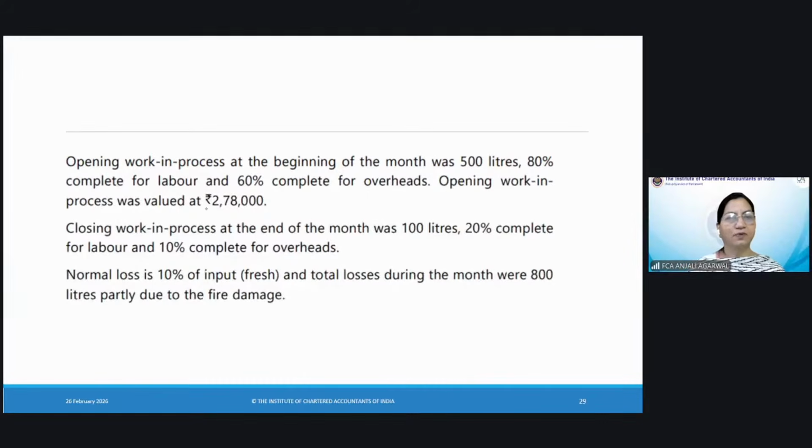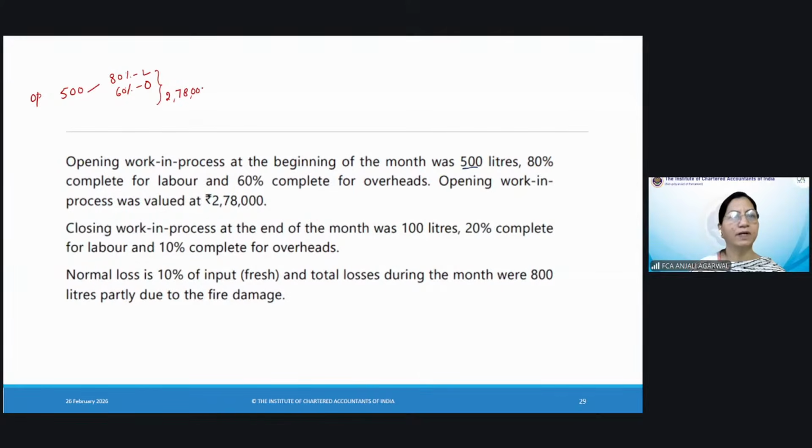So here you are. You have opening WIP at the beginning, 500 liters, which was 80% complete for labor and 60% complete for overheads. And this was valued at 2,78,000.